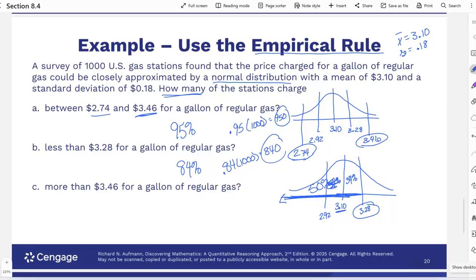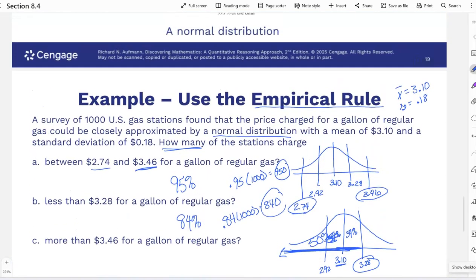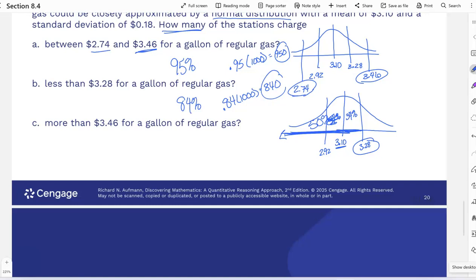Then that last one, we want to know more than $3.46. So again, we're going to start with our picture. Mean is in the middle. If I go up 1 standard deviation, I'm at 3.28. If I go up 2, I'm at 3.46.